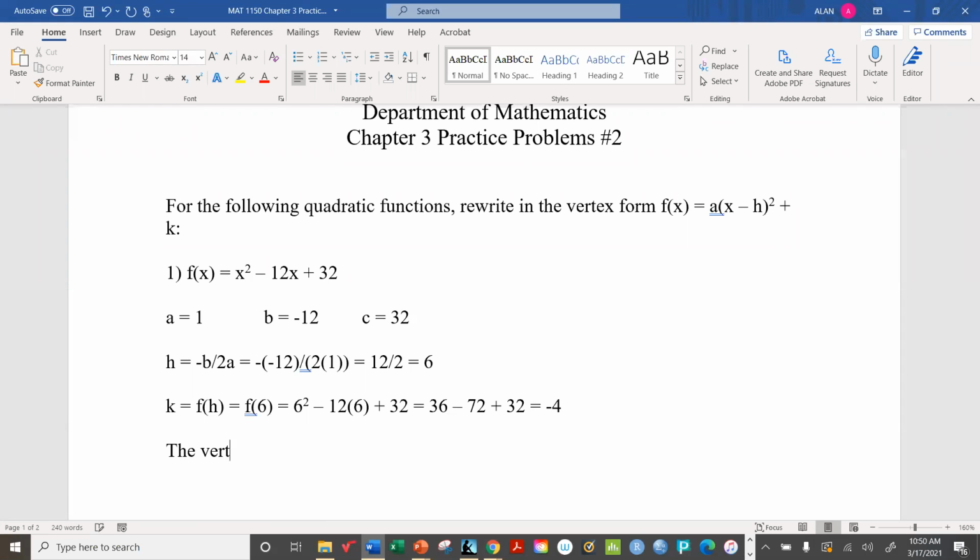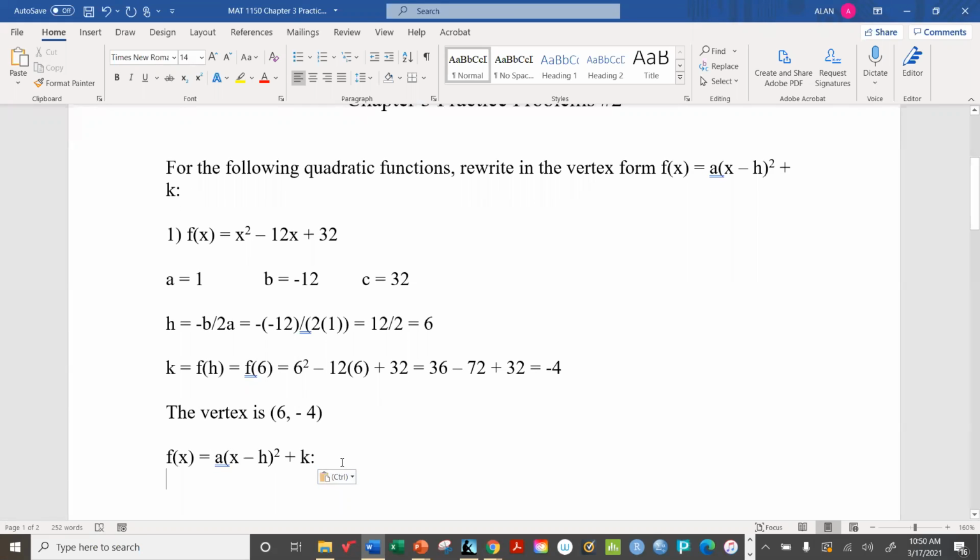Okay, so the vertex is 6 comma -4, and this expression can therefore be rewritten as, now remember a in this case is 1, x minus 6 squared minus 4, or you can just rewrite it as f of x equals x minus 6 squared minus 4.